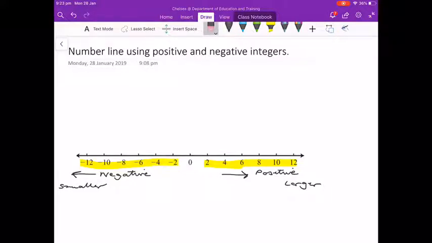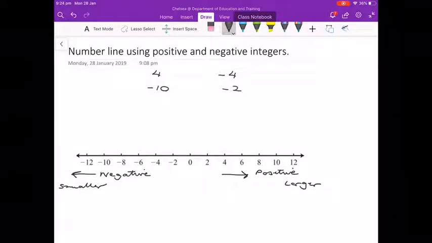Now we're going to use our number line to compare numbers, and we're going to do this using the greater than or less than symbol. So I'm going to put some numbers down. Okay, so we'll start by comparing 4 with -4.